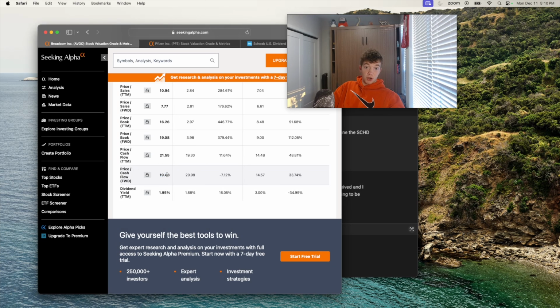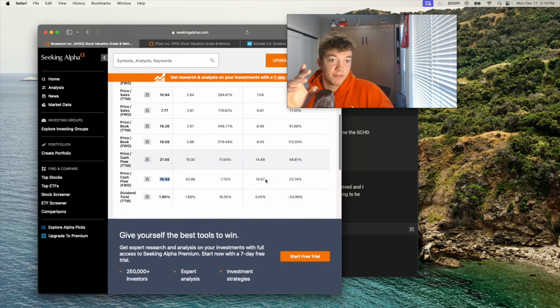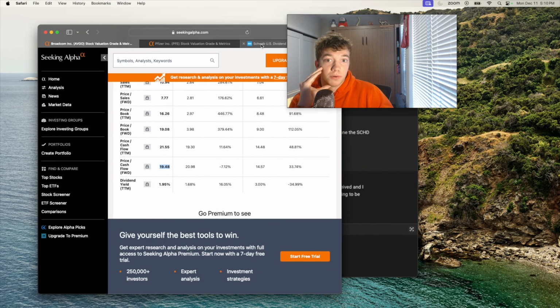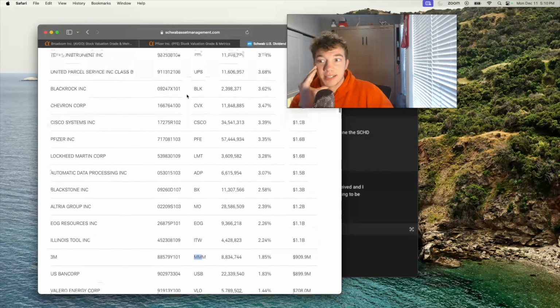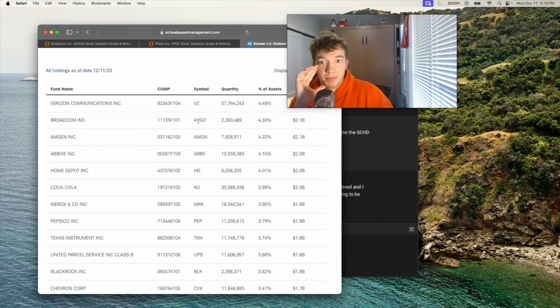What I do is compare the forward price to cash flow of a company to the 5-year average of that same company. I've picked two off this list today as an example. These are kind of cherry-picked examples, but I think it'll be good to use relatable companies that can drive this point home.